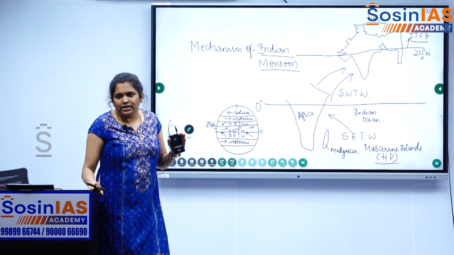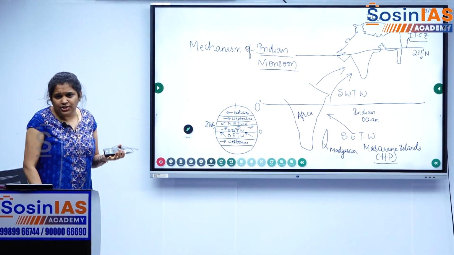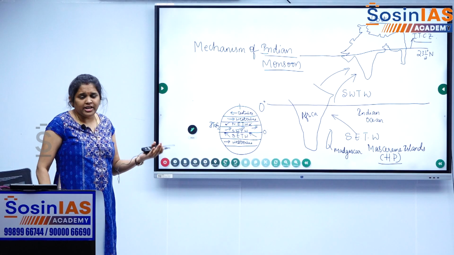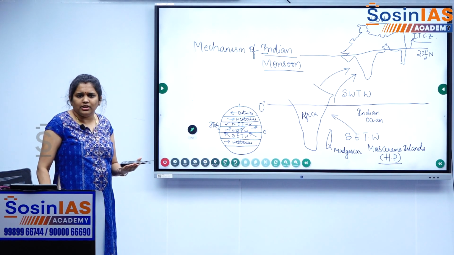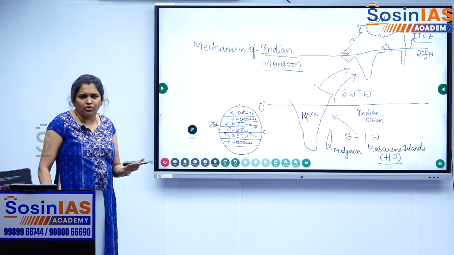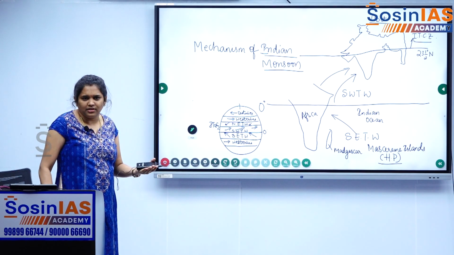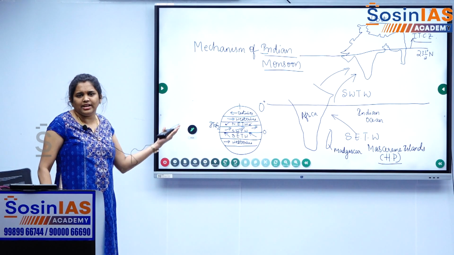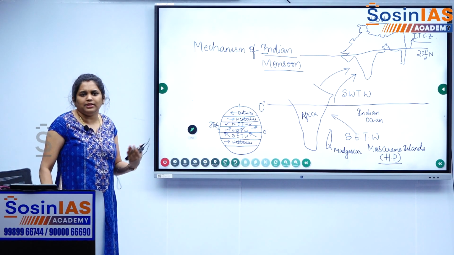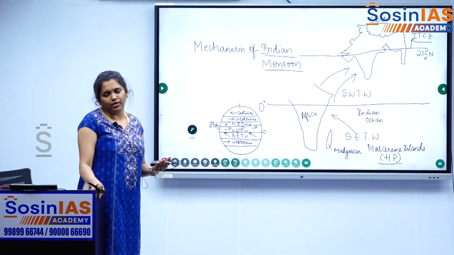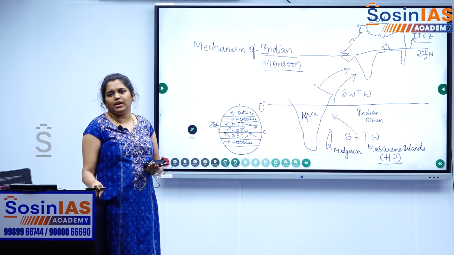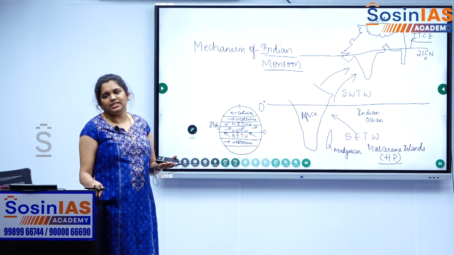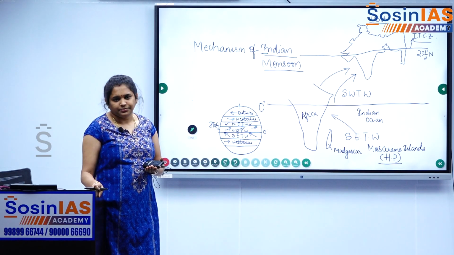So what people used to say initially, when it comes to Indian monsoon, is that in the time of June, July and September, India used to get a good amount of rainfall. Okay, all the Western Ghats areas used to get wet. Wet means receiving more rainfall. So they started telling that it was because of the differences in the land and sea temperatures.